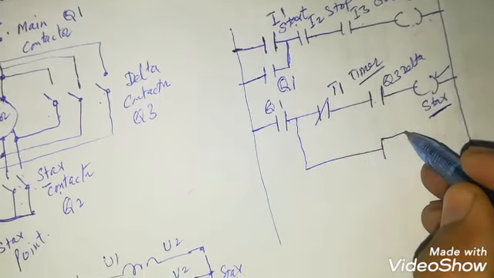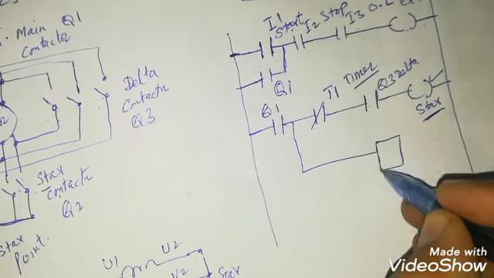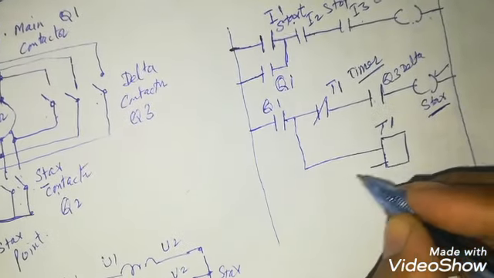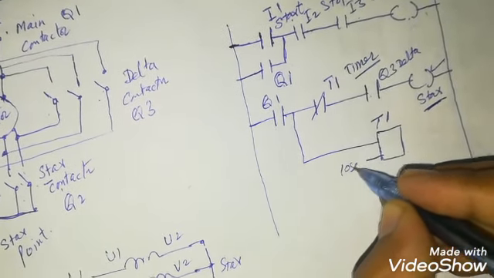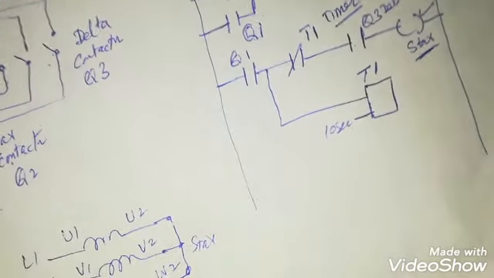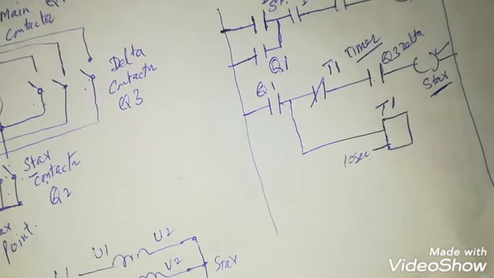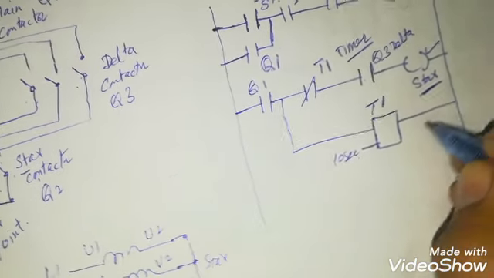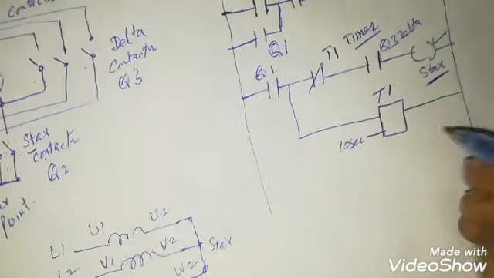Here we will use a timer and give it a preset time for which we want the star contactor energized. Suppose this is 10 seconds. So for the 10 seconds our star contactor is energized and our motor will keep running in the star.